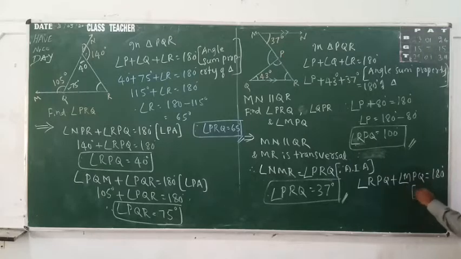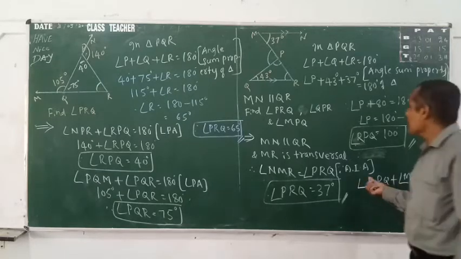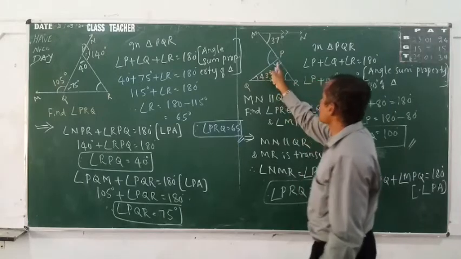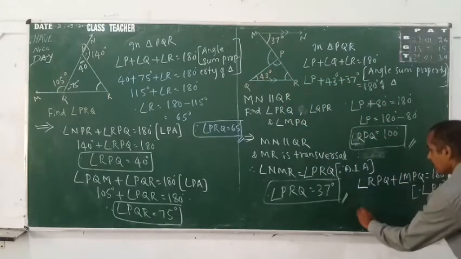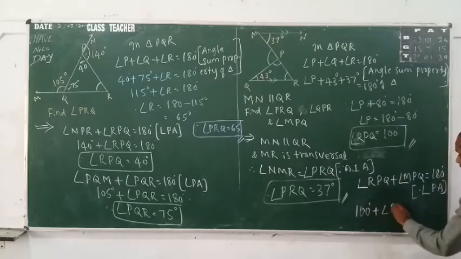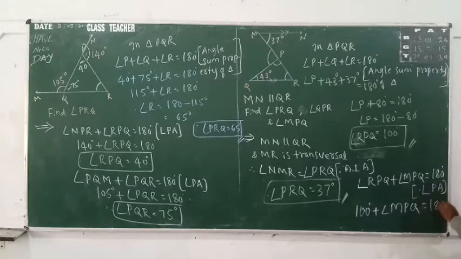The reason is linear pair of angles. Which angle is known to you? RPQ is known to you, how much? This is 100 degrees. 100 plus angle MPQ is equal to 180 degrees.